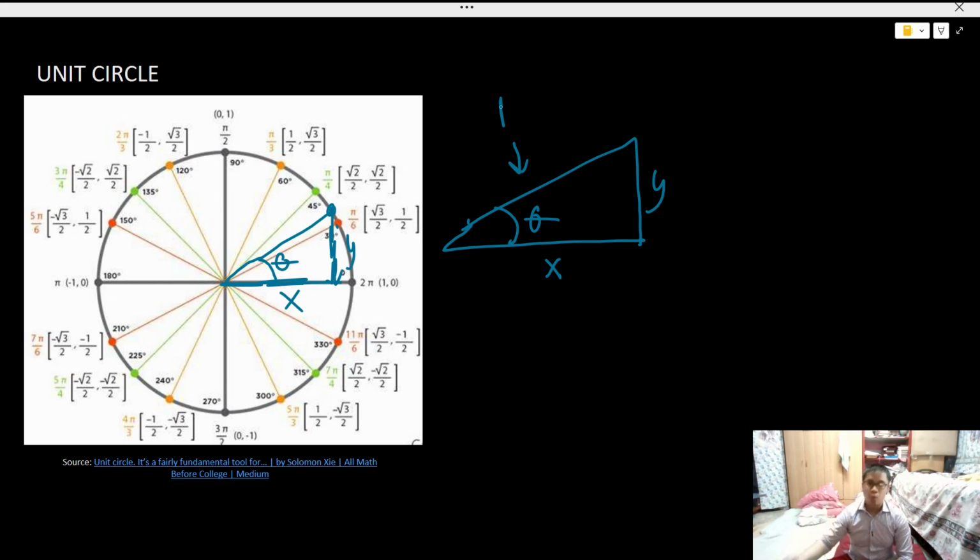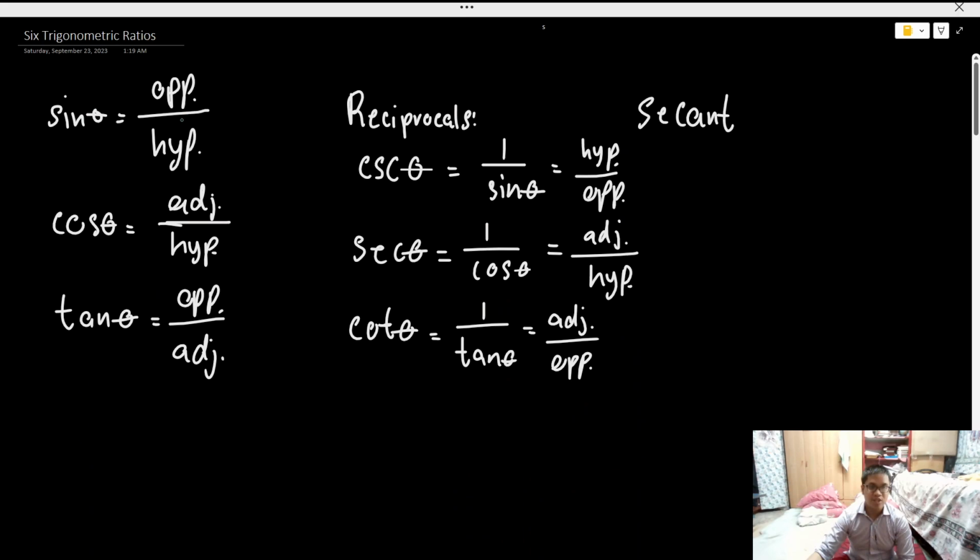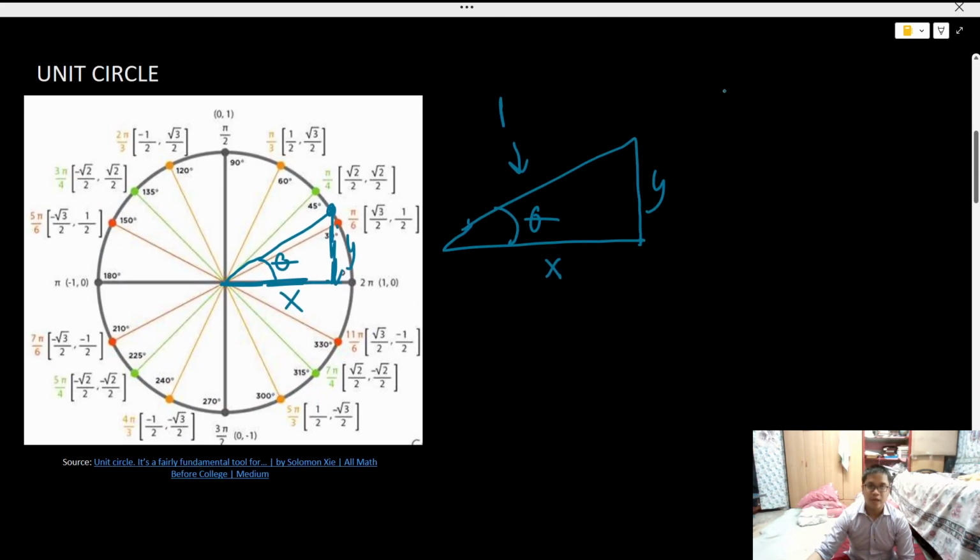Now, what is sine theta? Remember that sine theta is equal to the opposite all over hypotenuse. The opposite side is the side that has no angle beside it.